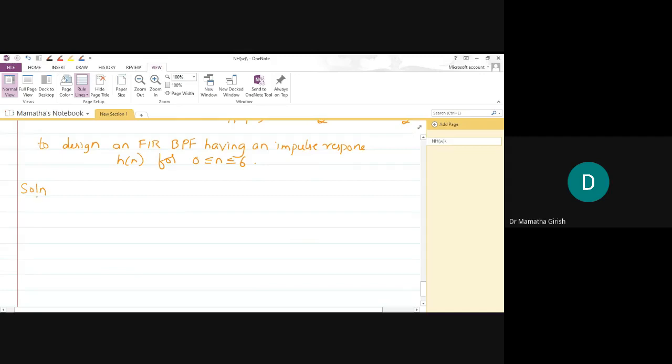In the solution, let's begin with step number 1. Please note that in this case, the equation for Hd of omega has to be derived from the given characteristic. Let's write it from the given characteristic.